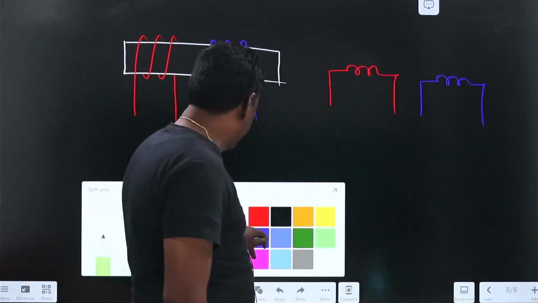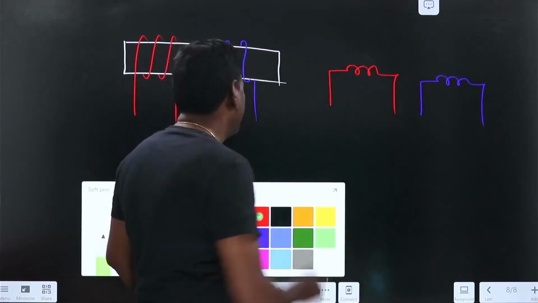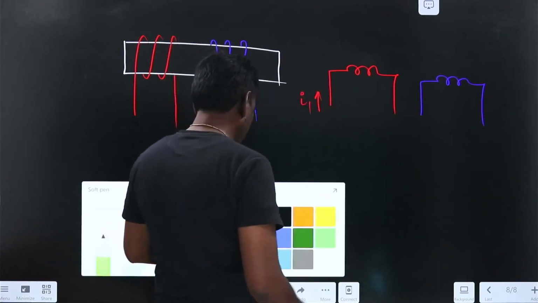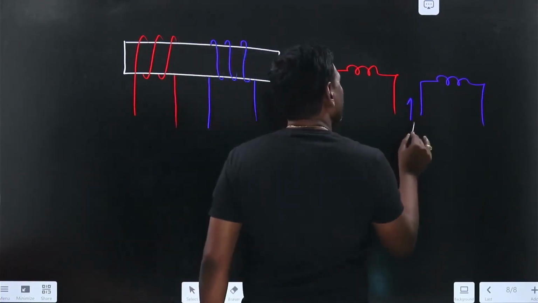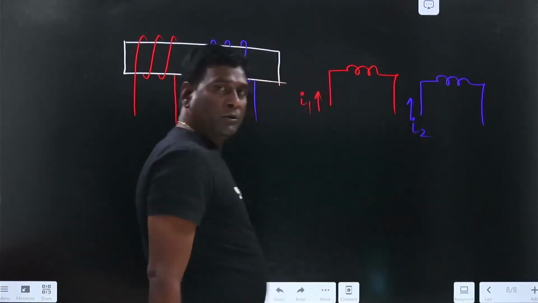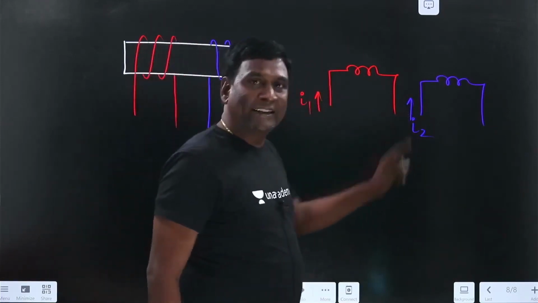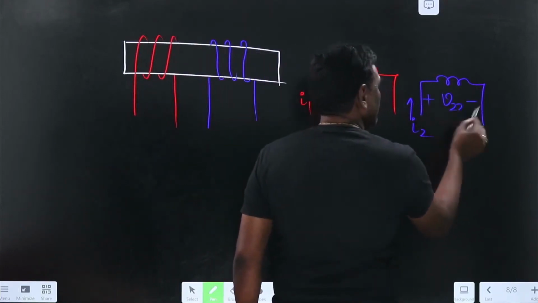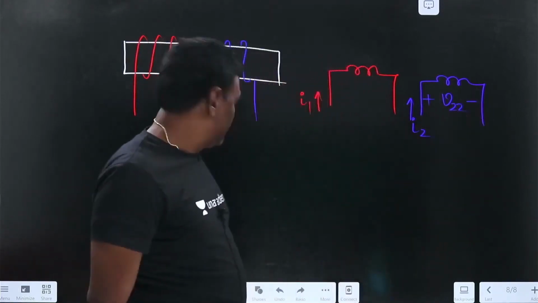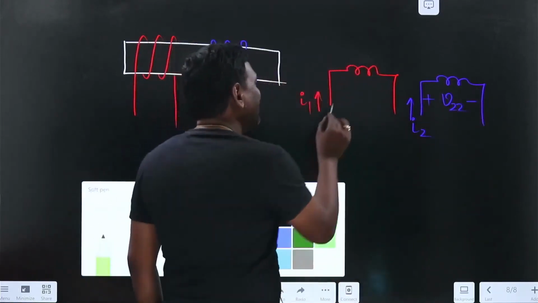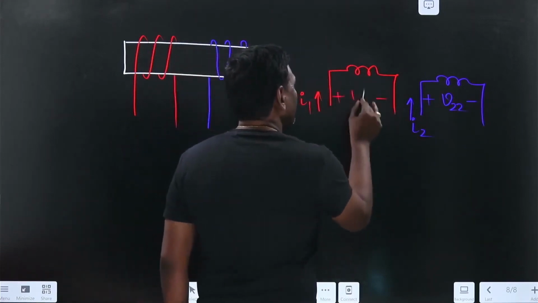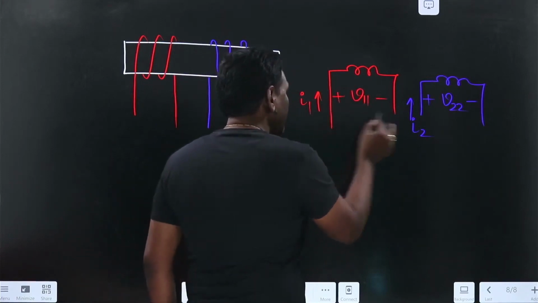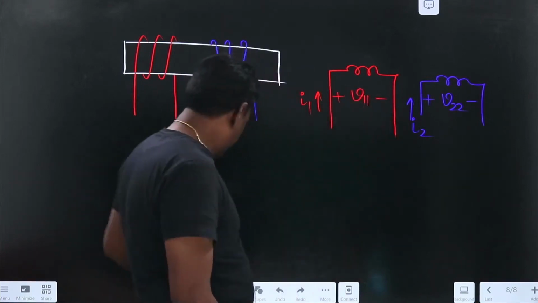see here, red I1, blue I2. Now because of self, I2 is entering here, so self is going to be plus minus V22 self, and because of self, I1 plus minus V11.